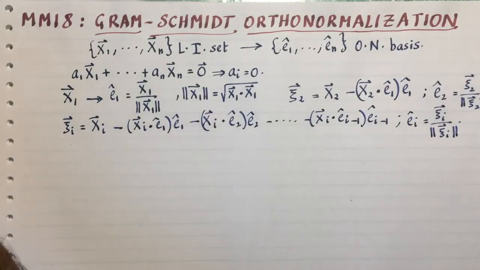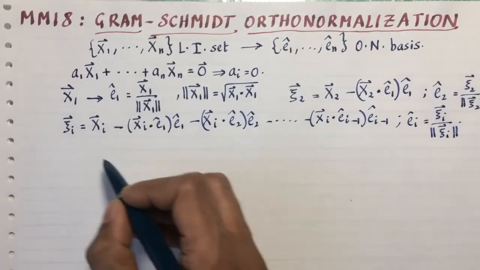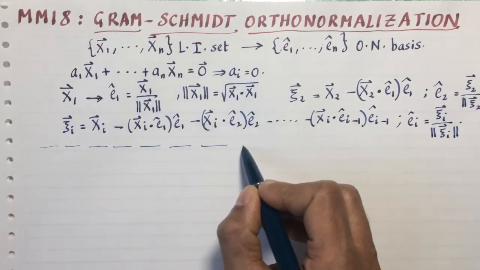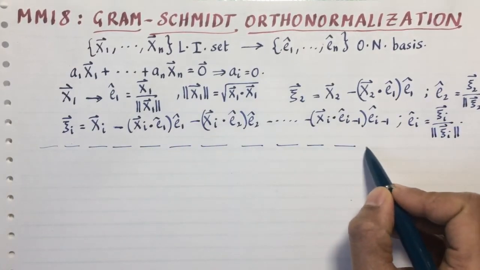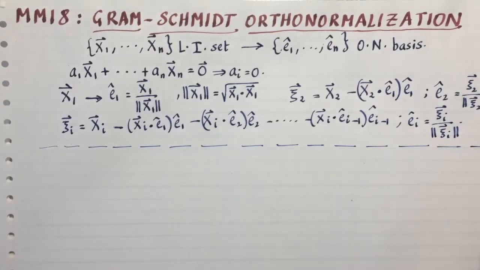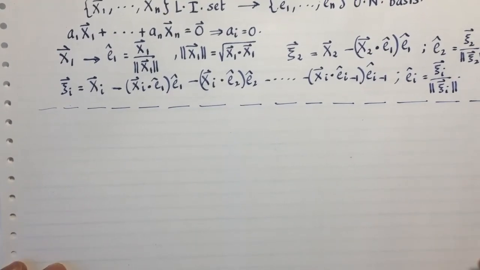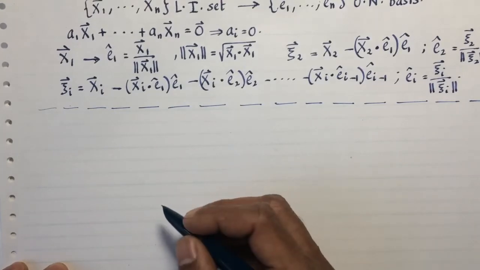Now it's best illustrated with an example because this is pretty abstract. In the previous problem we had an eigenvalue problem that gave rise to two eigenvectors corresponding to the two eigenvalues. That would be the video MM17, so if you want, you can go look at MM17 for the example.